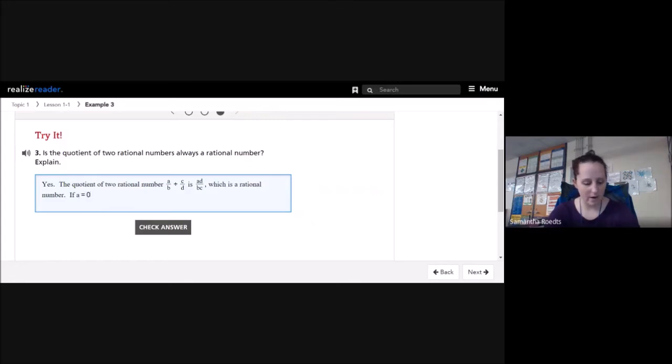If A equals 0, then the quotient is also 0. 0 is a rational number. Values of B, C, and D cannot be 0 because you cannot divide by 0.